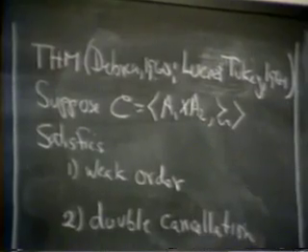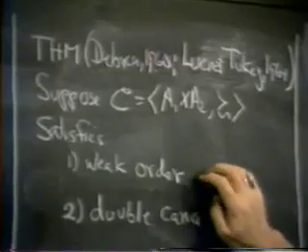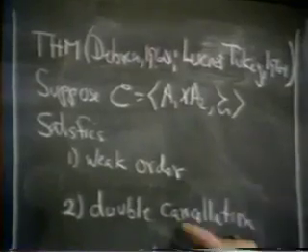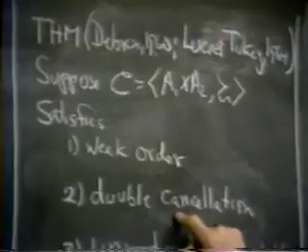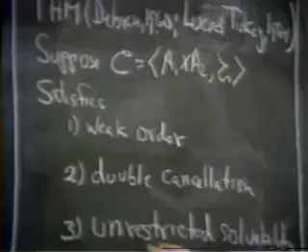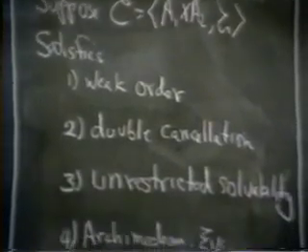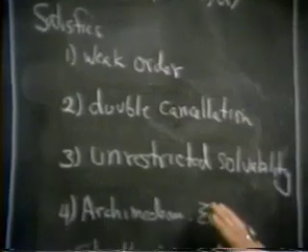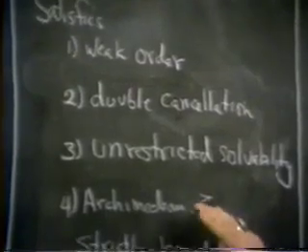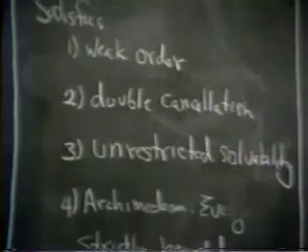And the assumptions are that the ordering is a weak order, that double cancellation holds, you recall that property, that unrestricted solvability holds, and that the Archimedean property holds. Now, you're probably a little surprised that I haven't put in independence, because independence was the first and, in a certain sense, the most important property.